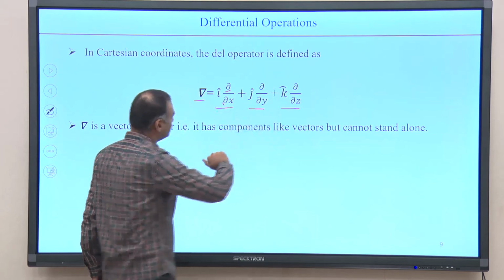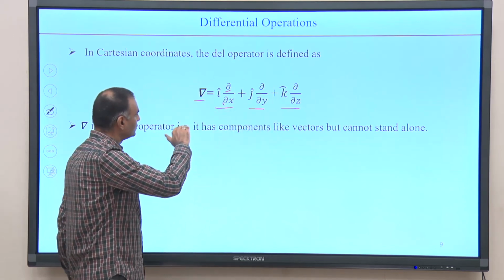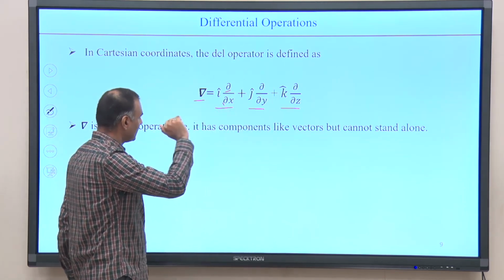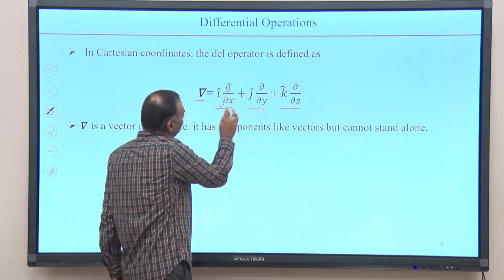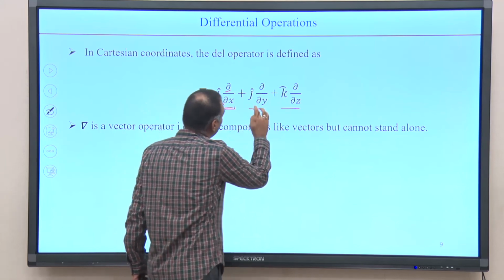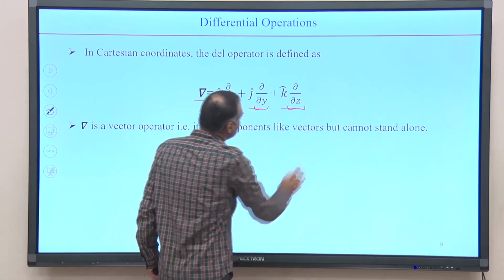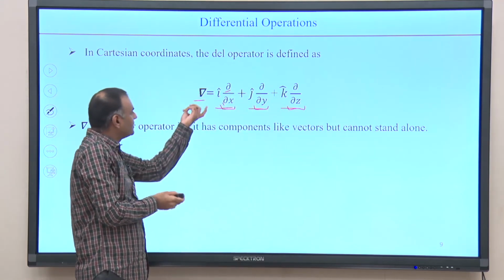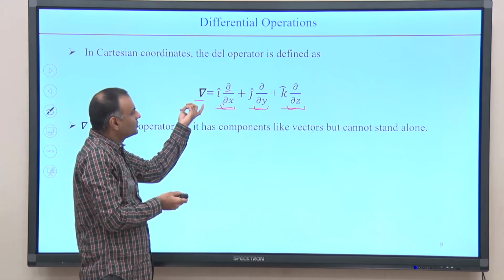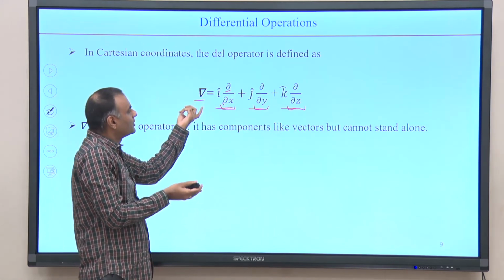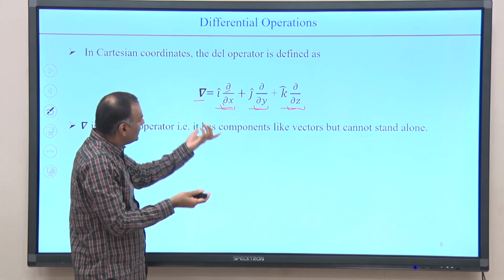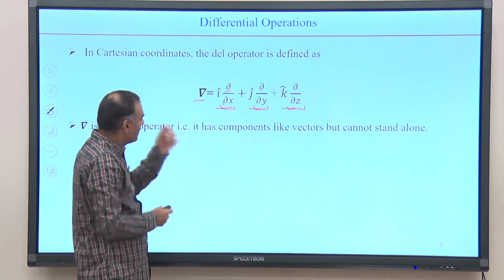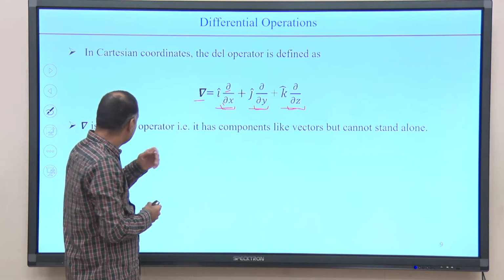So, as you can see, there are three components i, j and k, along the x direction, y direction and z direction, and we will have these differential operators del by del x, del by del y, del by del z. This operator does not mean anything alone, but when it is operated on a scalar we get a vector, as we will see.